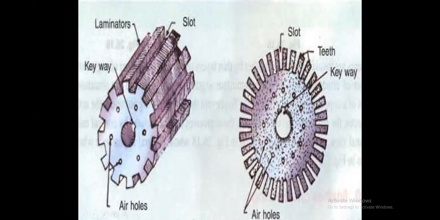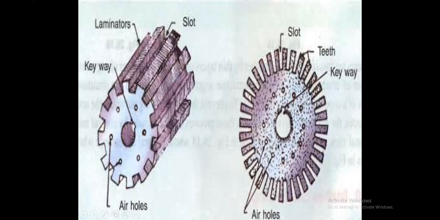You can see this is the single plate, and approximately 50 to 60 plates are combined to make the slots of the armature. These slots are made of 50 to 60 thin laminated steel cores, and each core is a single strip.